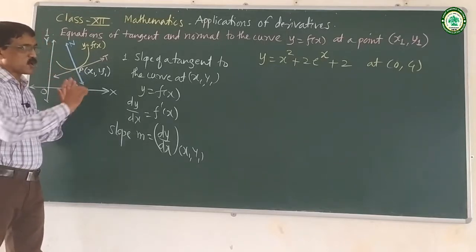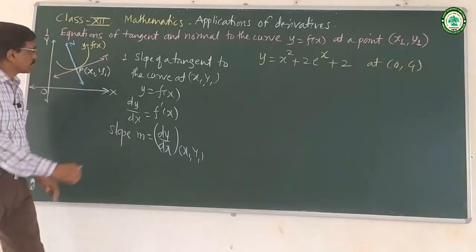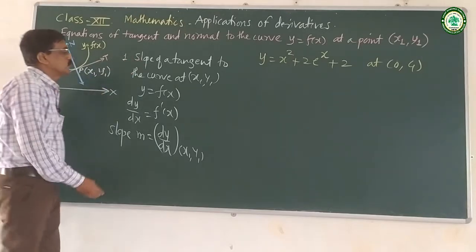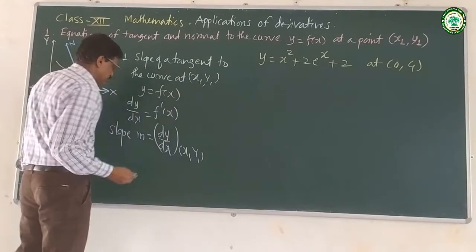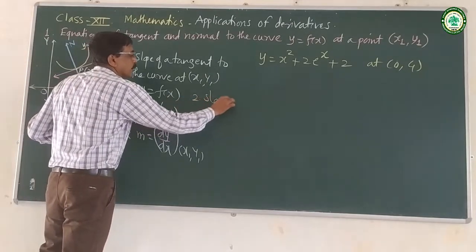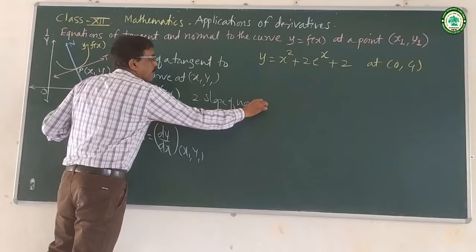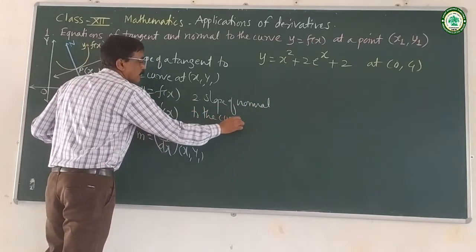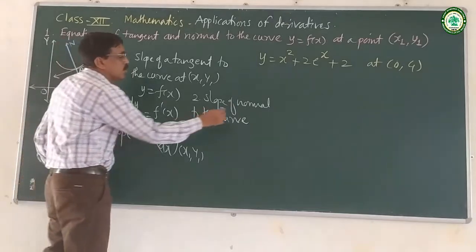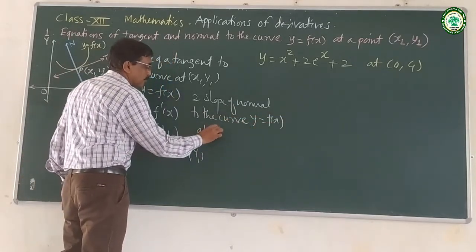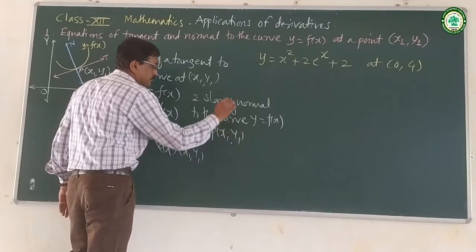Now how to find slope of normal to the curve? See, normal is always perpendicular to the tangent. So second, slope of normal to the curve, same curve y is equal to f of x at the point P x1 y1.